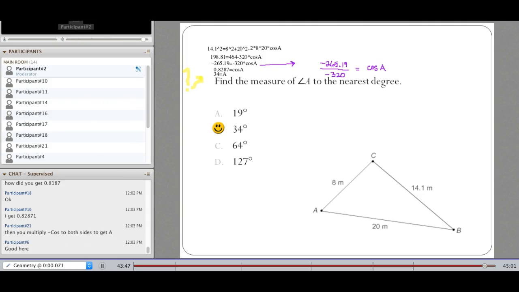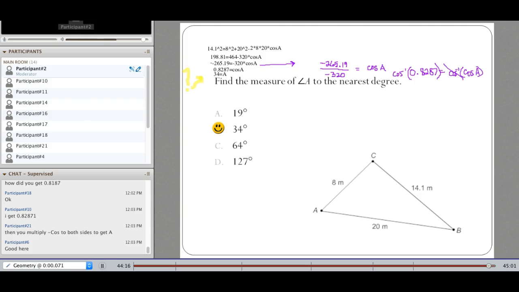And it'd actually be, I'll fix it real quick, 0.8287. Yep, exactly. Then you do cosine inverse. So you get 0.8287 equals cosine A, and then you do cosine inverse of both sides.